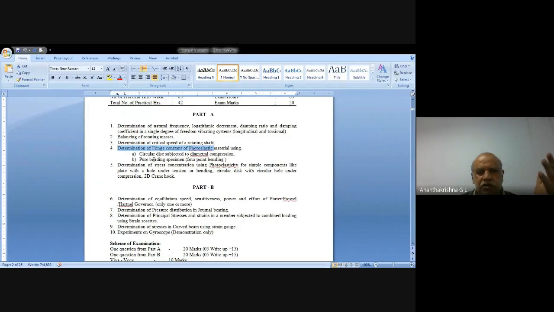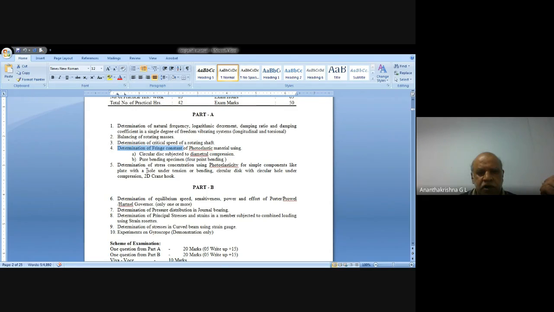Then using photoelasticity principle, which we are going to learn later, we find out the material fringe constant. It's like Young's modulus of a material, right? Then using pure bending, that is 4-point bending experiment, again we find out the material fringe constant.